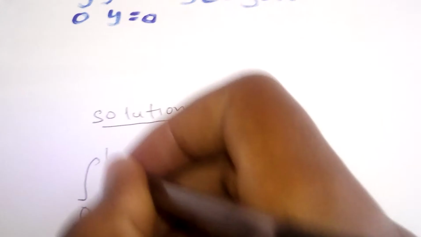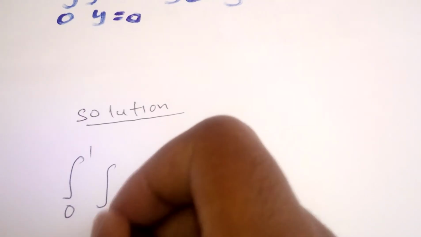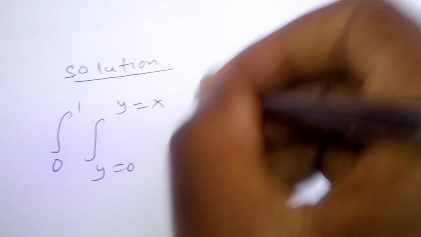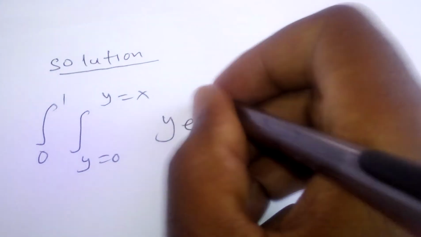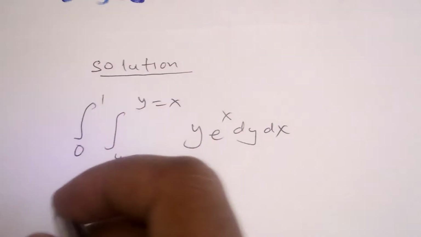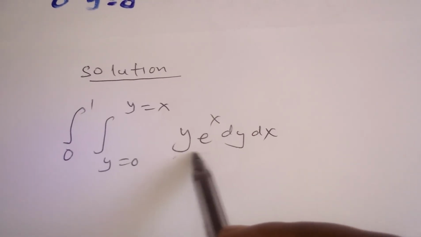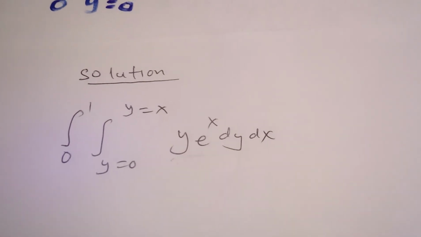From 0 to 1, then from y equals 0 to y equals x, of y e to power x dy dx, right? So we will first of all integrate this function with respect to y, then with respect to x.